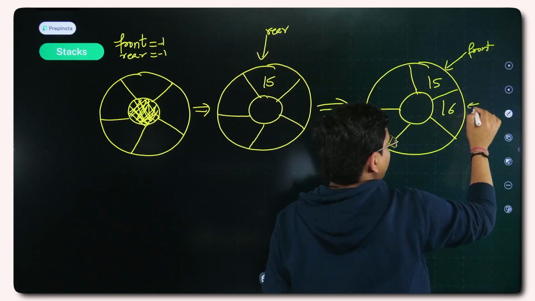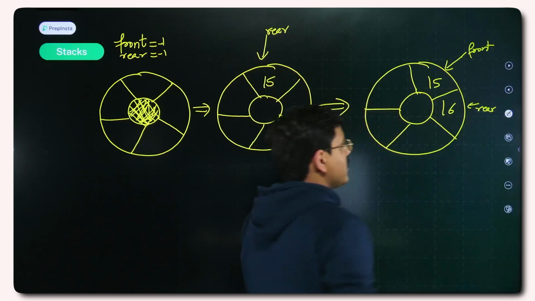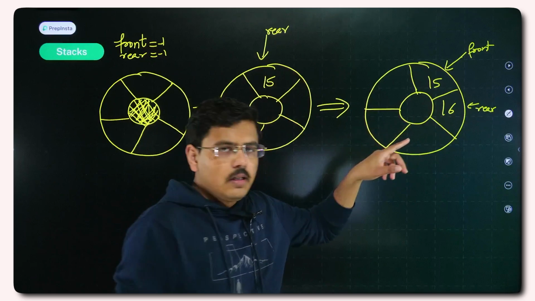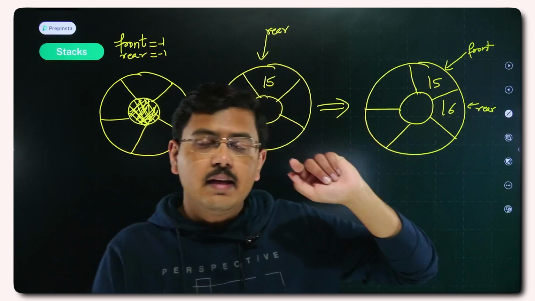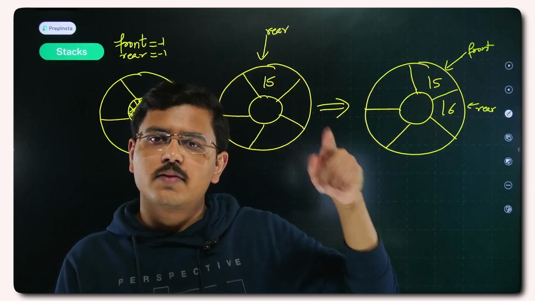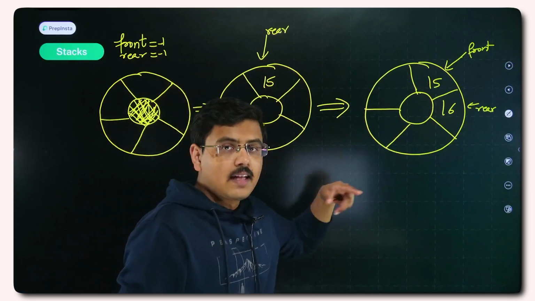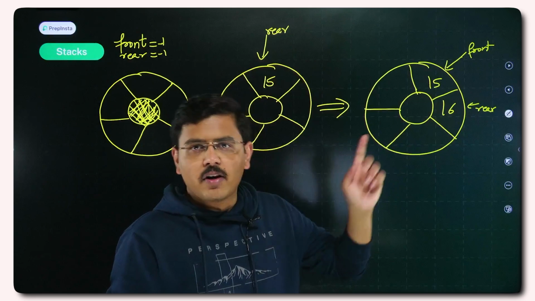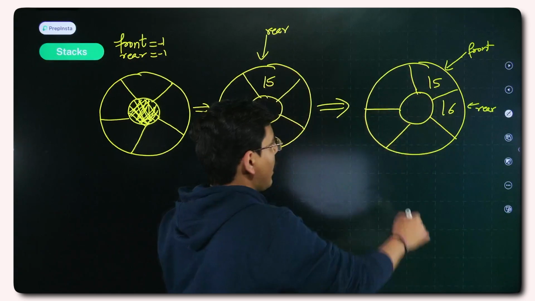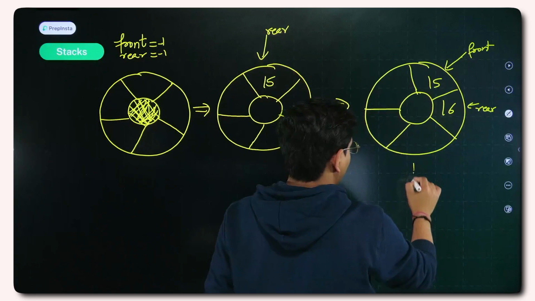And the rear would come here, because rear is incremented every time a new thing is added. Rear points at the entry of the queue. I told you everything that enters the queue enters from the rear end only, and everything is dequeued from the front end only. So the front pointer points at 15, rear points here, and then I go on further.